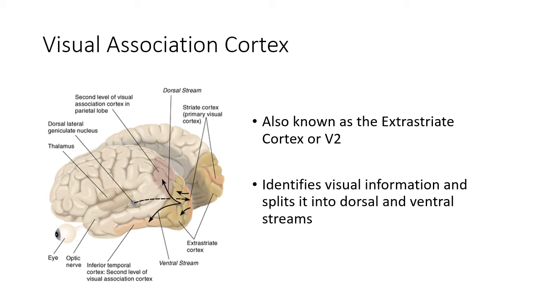It's turned into information. The visual association cortex is where it takes that information and processes and identifies it. And then it splits into the dorsal stream and the ventral stream, going to different parts of the brain responsible for processing the information in different ways. That depends on whether it's going along the dorsal or the ventral.